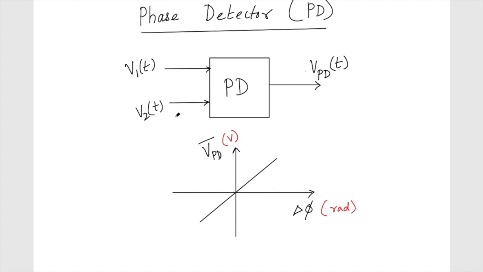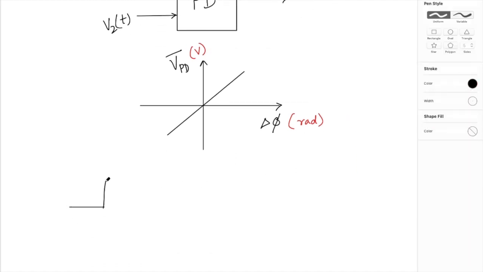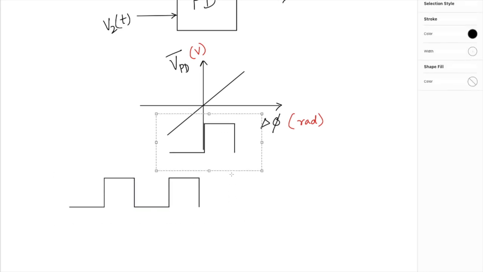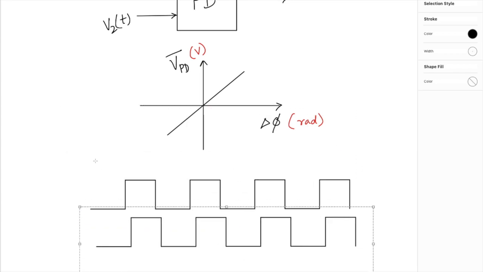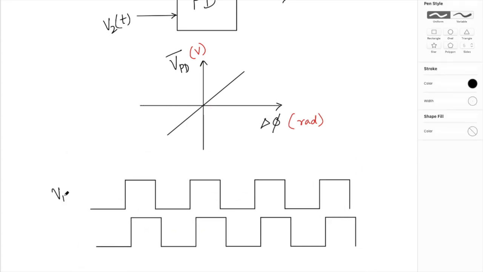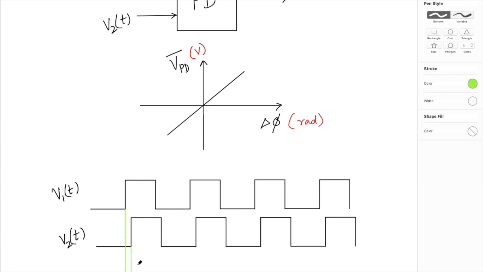Let me draw a diagram, then it will be more clear. So this is my V1(t) and this is my V2(t), and we can see that there is a bit of difference in the phases.